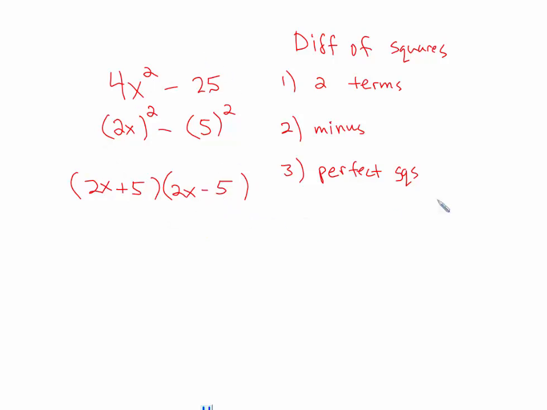So today you're going to learn about, first of all, say you have something like this. This is considered a difference of cubes. Now, why is this a difference of cubes? The three requirements are pretty much the same. We have two terms.